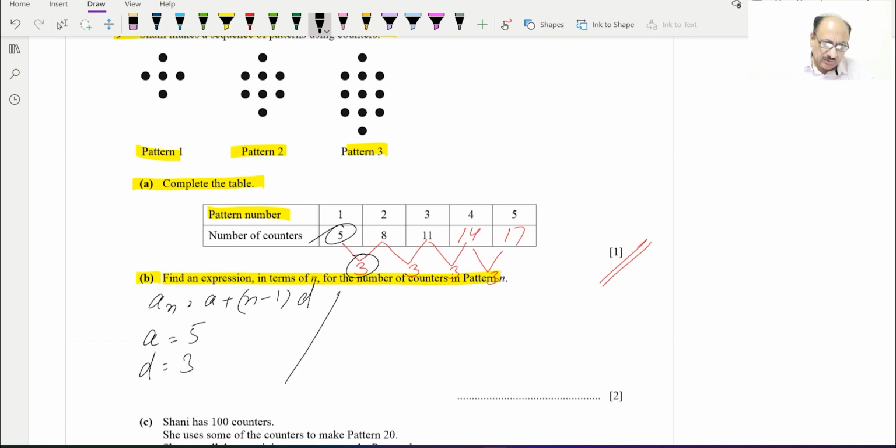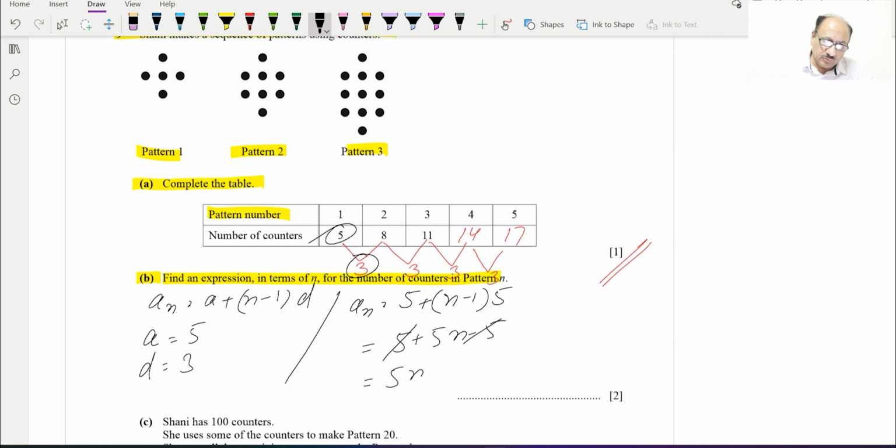So a_n will be equal to 5 plus (n minus 1) times d value, which is 5. And now we can write 5 plus, if we open this bracket, 5n minus 5, and this will cancel, so it will be equal to 5n.